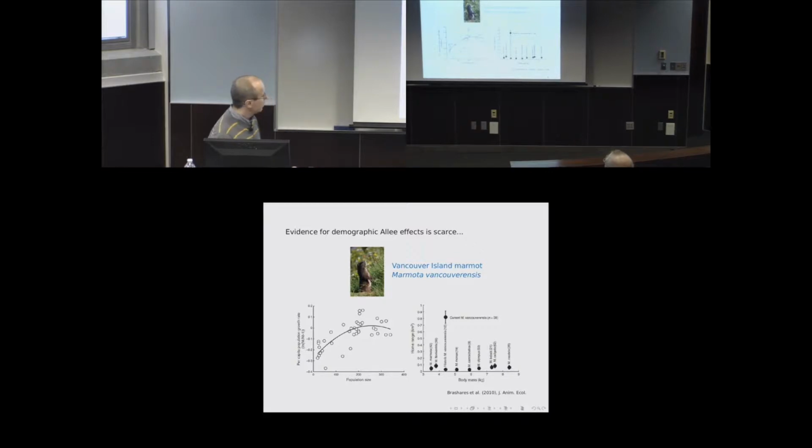Unfortunately, even though component Allee effects are very well demonstrated and there is a lot of evidence for them, for demographic Allee effects the evidence is very scarce. This is because of many statistical problems, many data collection problems, and also because of evolution.